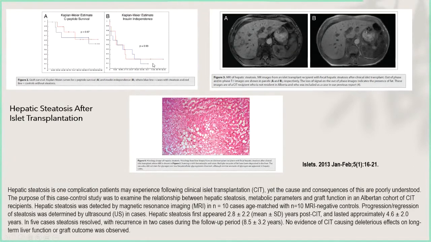And really, there's not much of a difference. Which to me was a bit surprising, because I had always thought that if the islet graft doesn't function well, then we're not going to have steatosis. But in their study, even when the islet graft was not having high amounts of C-peptide or insulin secretion, there was still imaging evidence of steatosis.